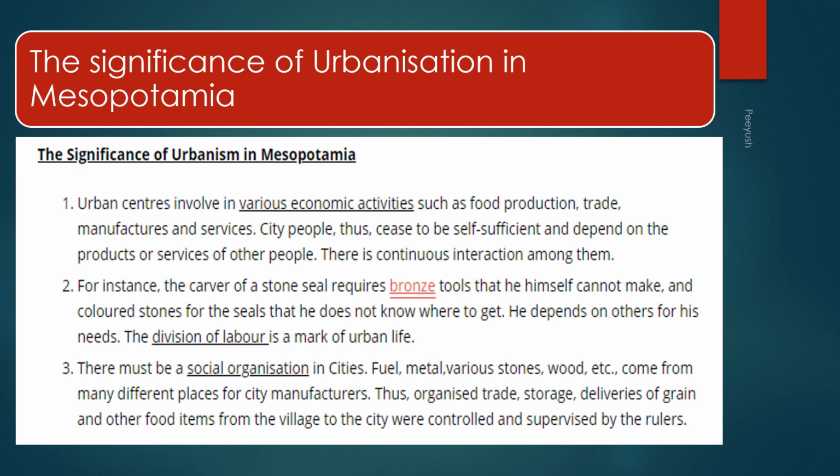Thus, organized trade, storage, and deliveries of grain and other food items from the village to the city were controlled and supervised by the rulers. So the products were finally supervised by the rulers, and thus it was a complete social organization with the presence of division of labor.